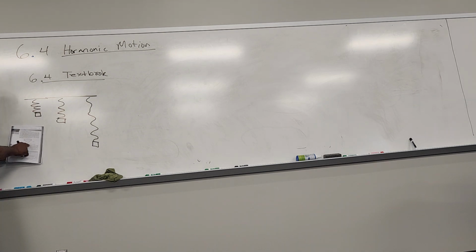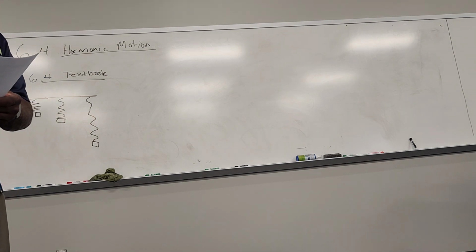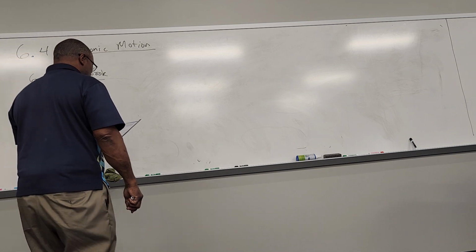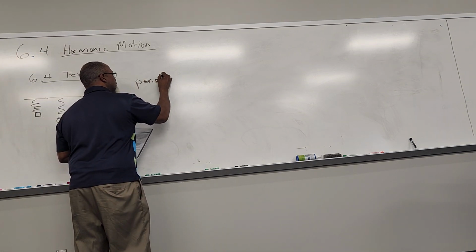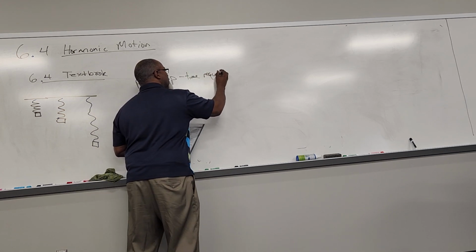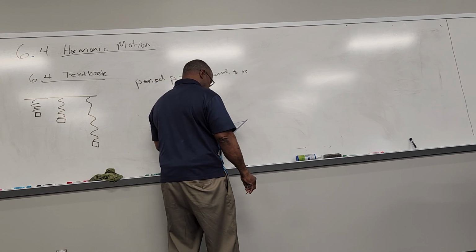Again, I'm going to refer you to that very first picture, that first paragraph, where they talk about all this stuff. They say the constant omega is generally taken to be positive and related to the period P. The period is the time required to complete one up and down cycle. That's important.